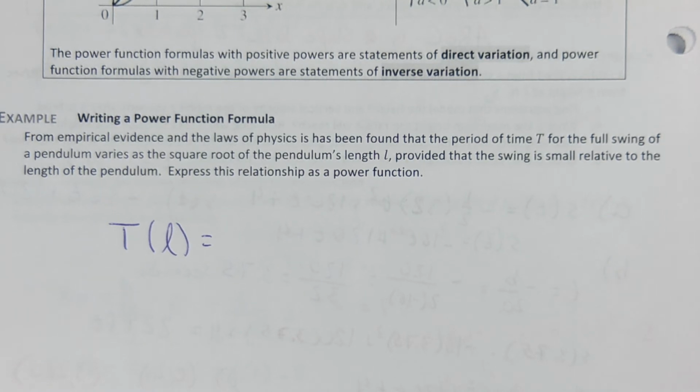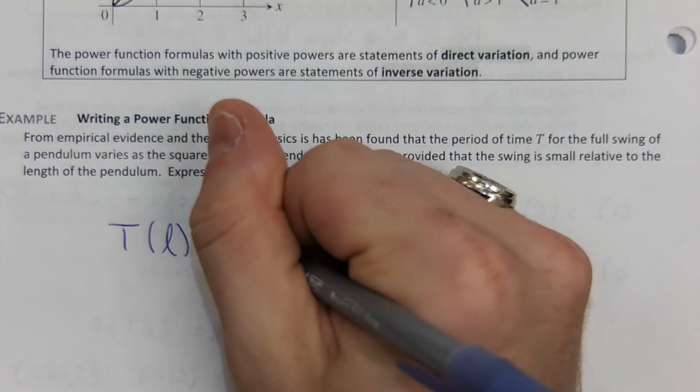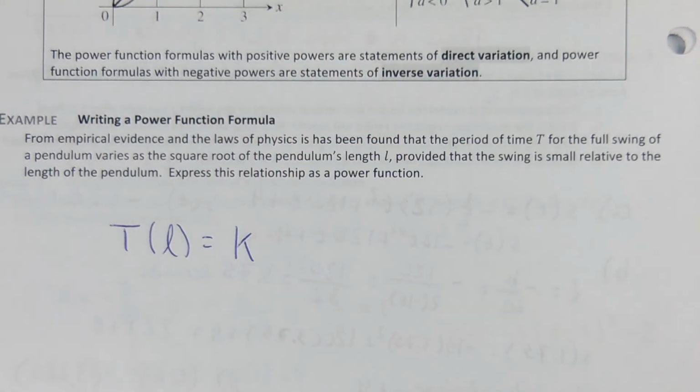Now, it didn't tell us what our constant of variation is, which is our K, so we're just going to say K. But it does say that it varies directly. What that means is it's K times our variable with some power instead of K divided by our variable with some power. And see, that's the difference.